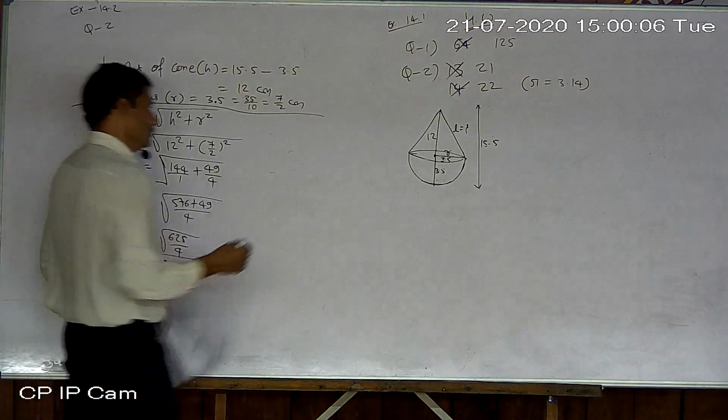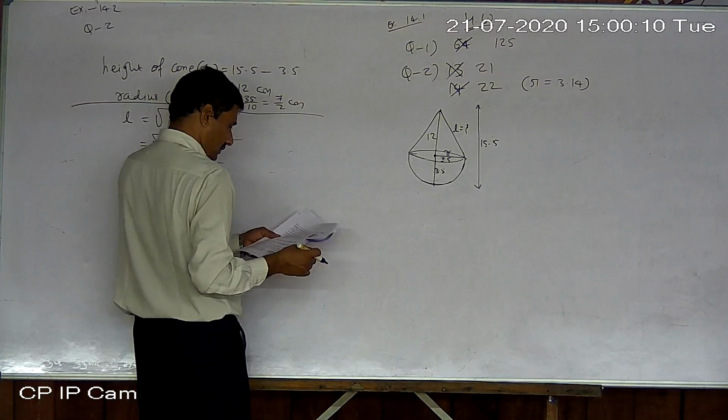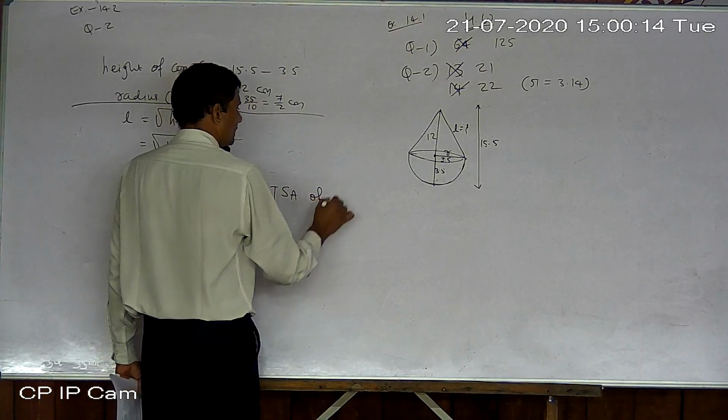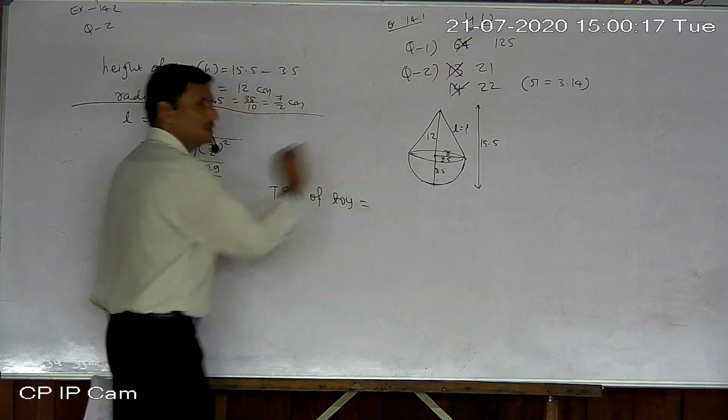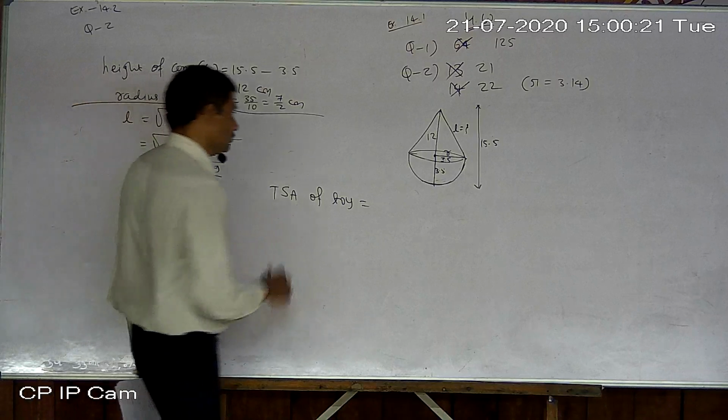Now you can use this formula. Total surface area of the toy. So I write in short TSA of toy. TSA of toy doesn't mean TSA of cone or TSA of hemisphere. Only CSA of cone and CSA of hemisphere.